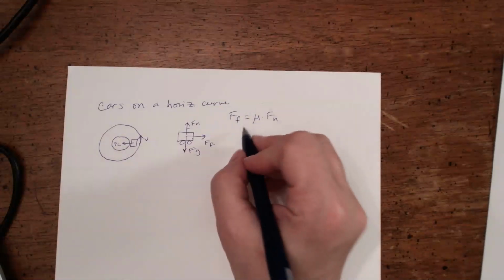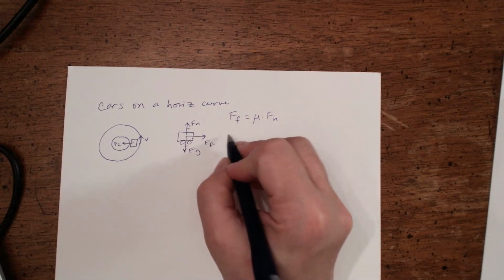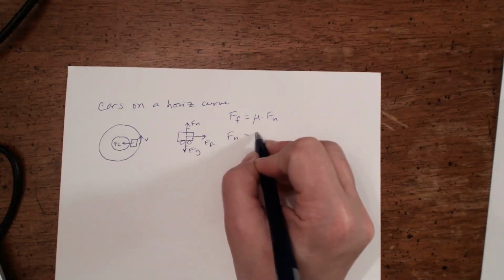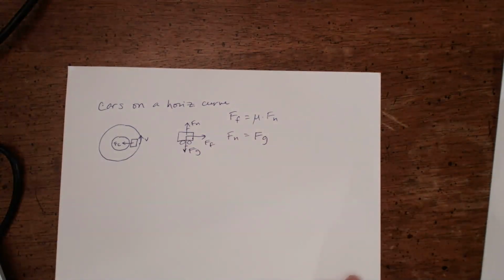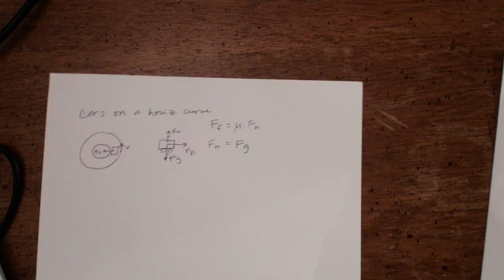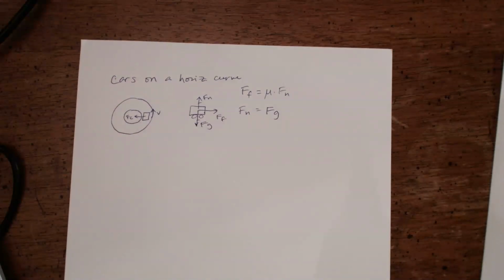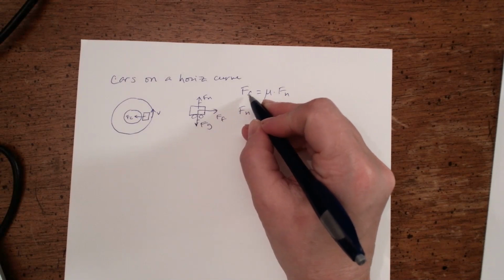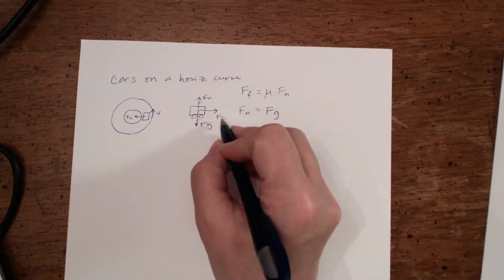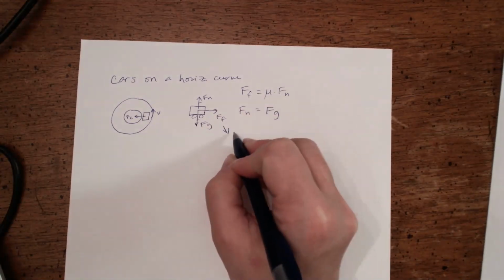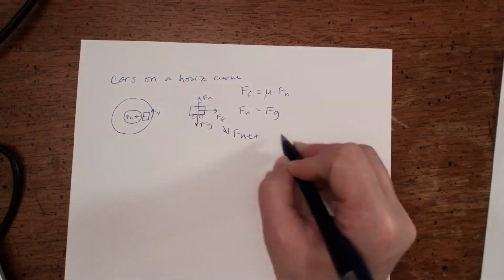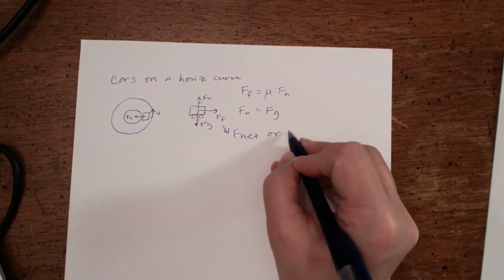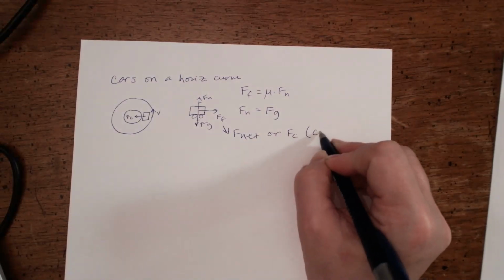Also remember that in this case, our normal force and our force of gravity have the same magnitude. They're equal to each other because we're not moving up and down vertically. And also remember that this force of friction is our F net here, which is also our centripetal force.